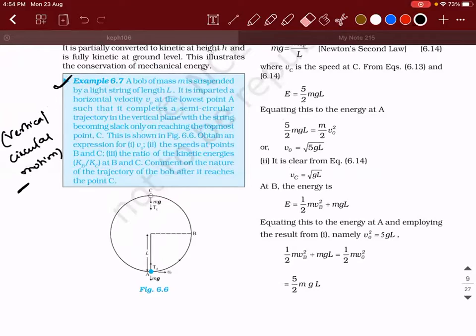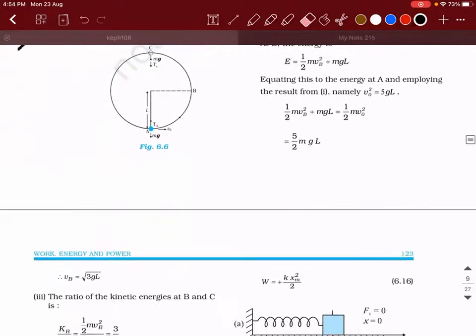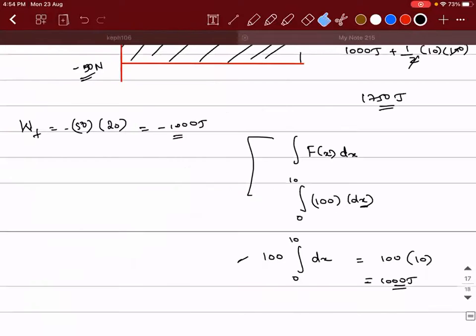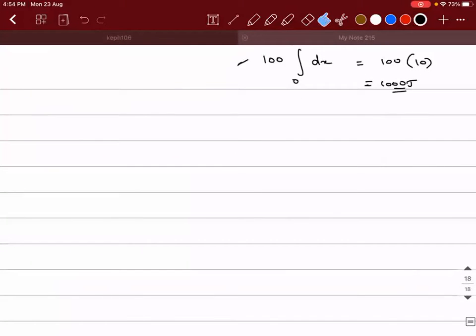Sir, I have a doubt. Please tell me. Sir, when a ball is at the ground, we tell it has maximum potential energy, right? We tell mgh is maximum and kinetic energy 0.